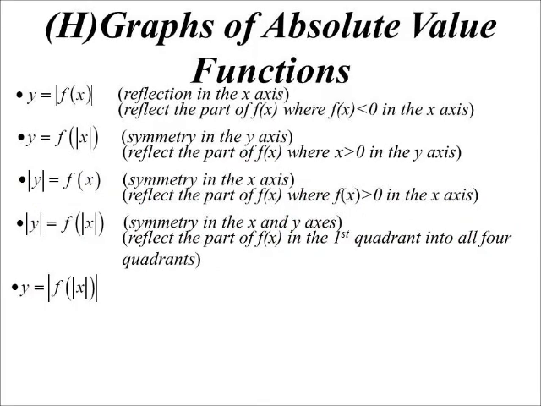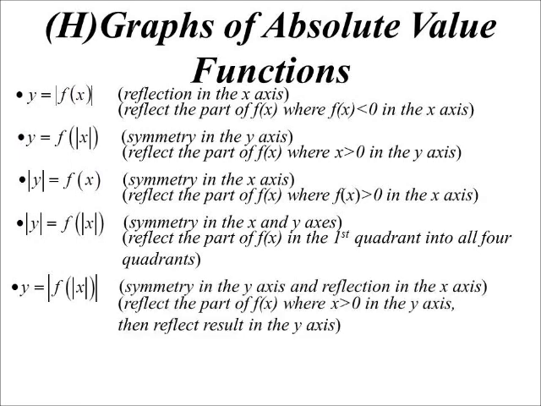All right, let's go crazy. Y equals the absolute value of function absolute value of x. Well, this one I could do by drawing y equals function absolute value x, and then saying, now I want to do the absolute value of that curve. So we'll get symmetry in the y-axis, we'll get reflection in the x-axis.